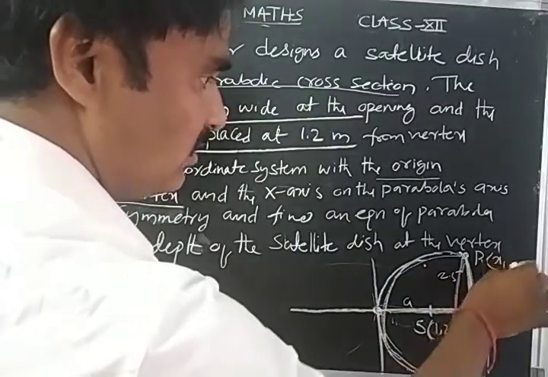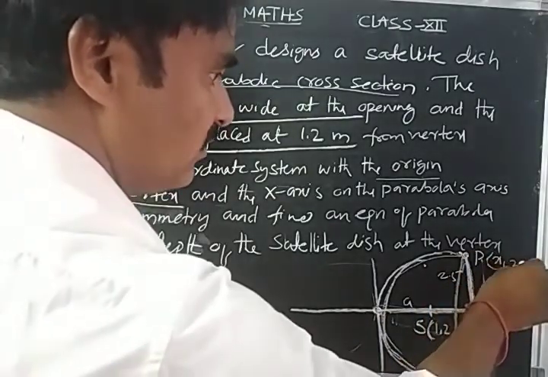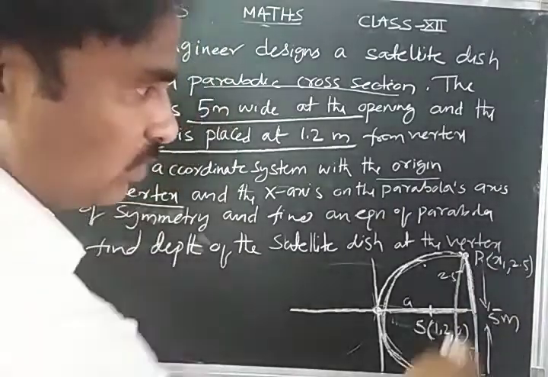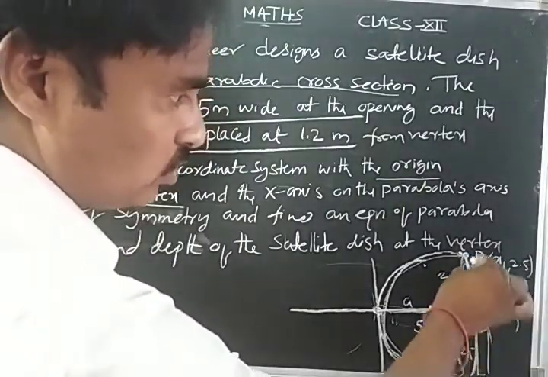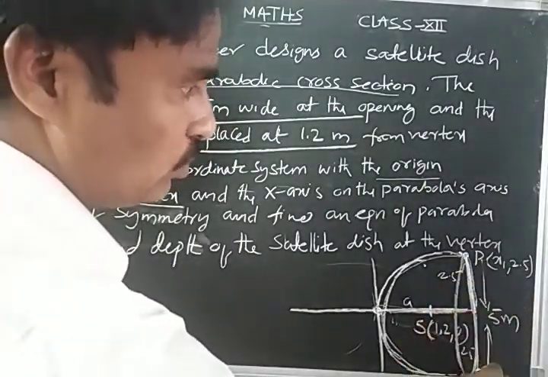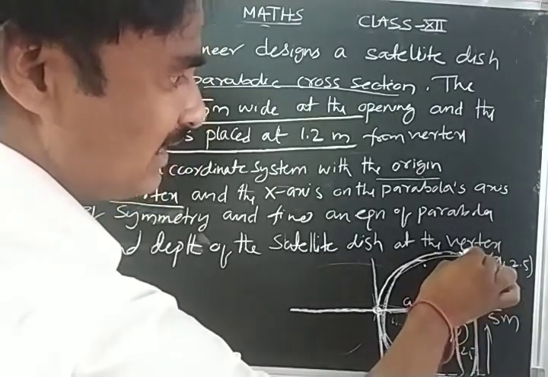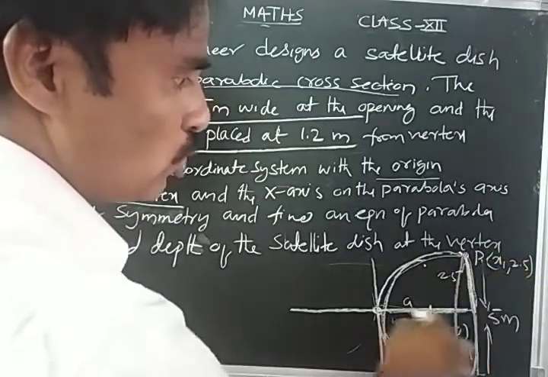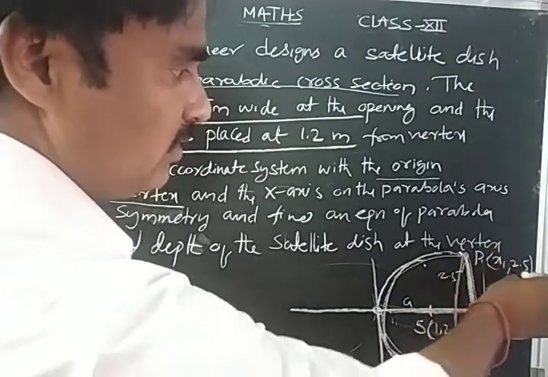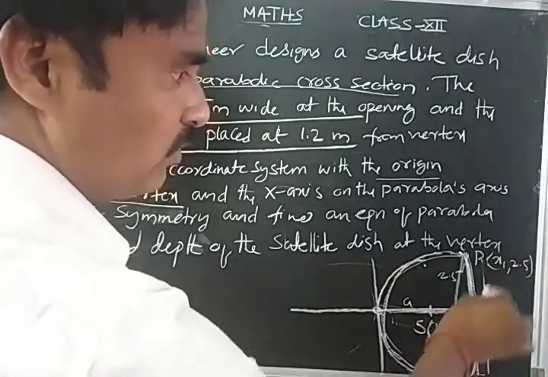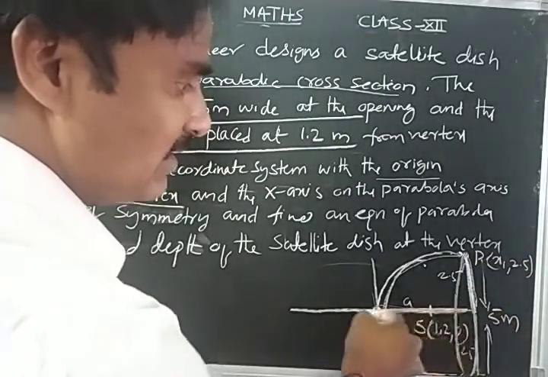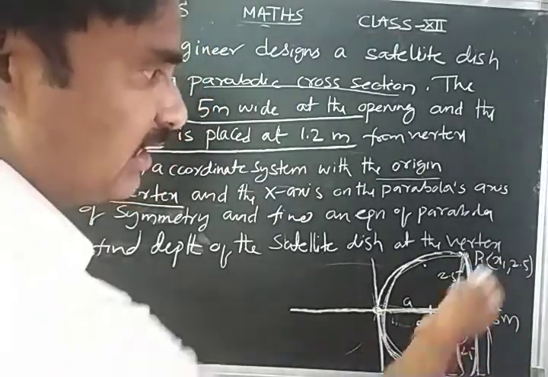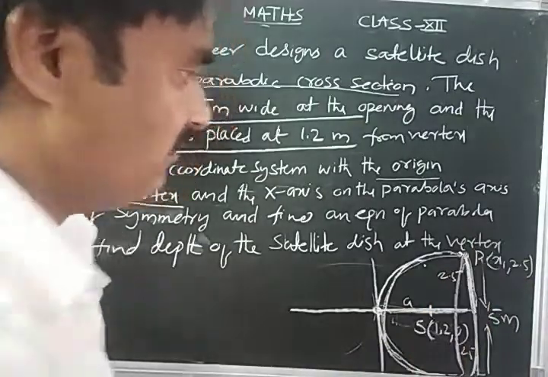I am taking it as x1, and the height is 2.5. So the coordinates at this point, at the opening of the satellite, are x1, which we don't know, and y, the height, 2.5. If you get the x1 value, you can say the depth of the satellite is x1.